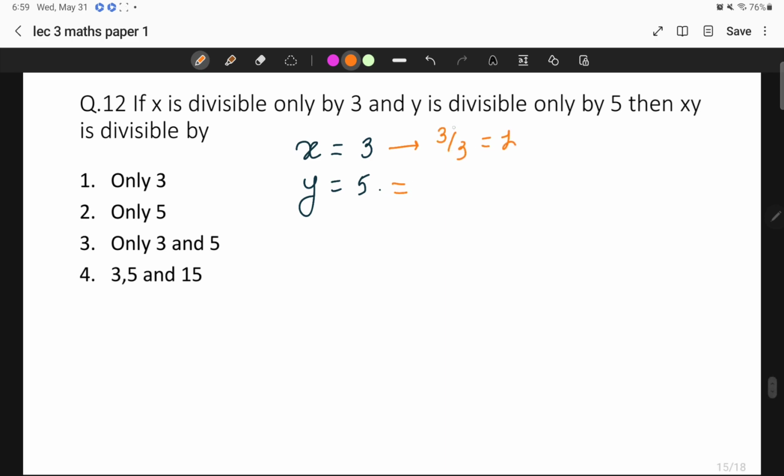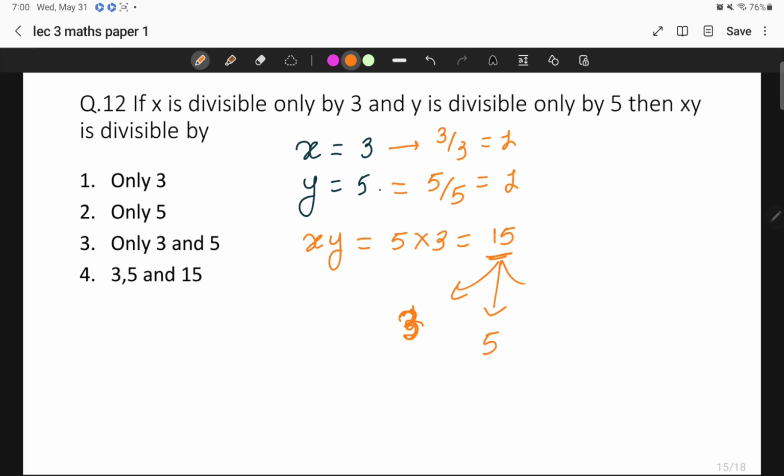And they are telling us that the y number is also divisible by 5, it means 5 divided by 5 gives us 1. If we take the product of x and y, it means 5 into 3 is going to give us 15, and 15 is a number which is divisible by 3. 3 fives are 15. It is divisible by 5, 5 threes are 15, as well as it is divisible by 15 also.